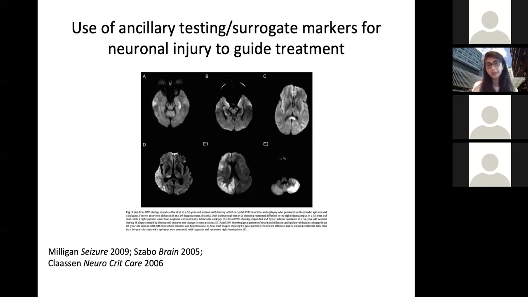We know that in patients with seizures or status epilepticus, MRI often shows diffusion restriction in a cortical fashion, particularly at the onset side of the seizures as well as in the hippocampi. And there's some data to show that similar findings may be seen in association with periodic and rhythmic patterns. So if there's a question on whether patterns should be treated, and the patient is comatose with not enough clinical data to follow, this could be one of the modalities utilized to help guide treatment.